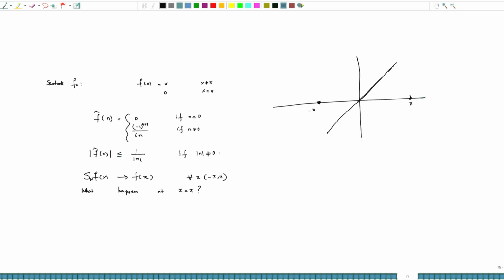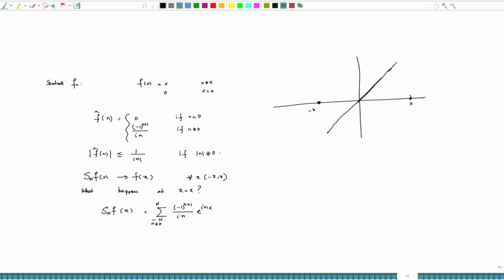Let us write down the partial sum S_N f at x. This is equal to the summation over n from minus N to N, n not equal to 0, of minus 1 to the power n plus 1 by i n times e to the power i n x.